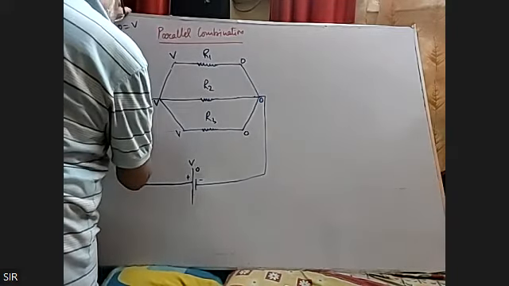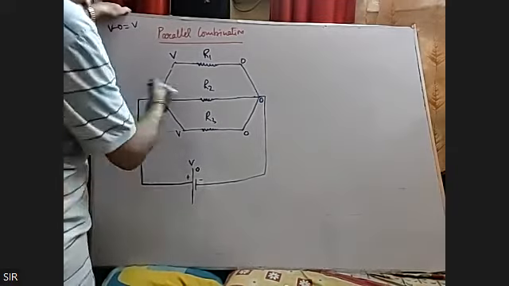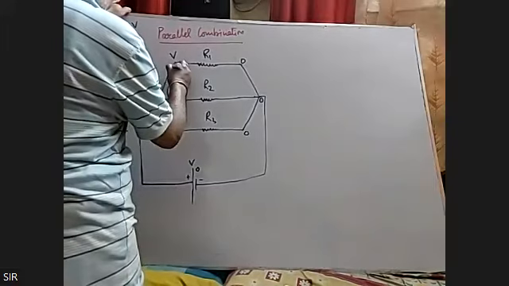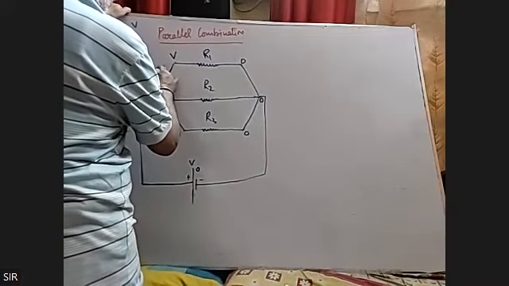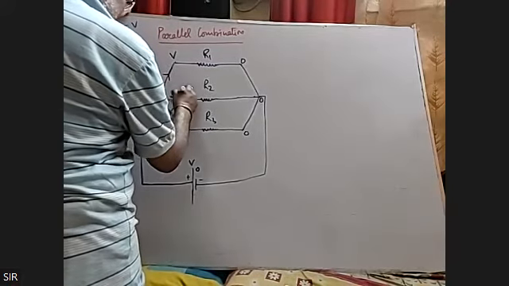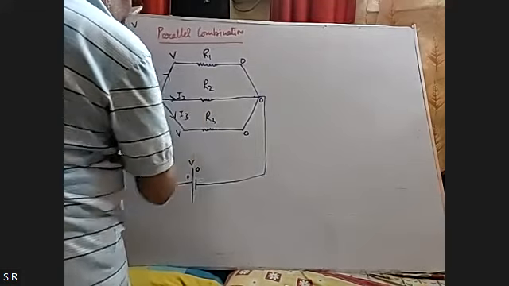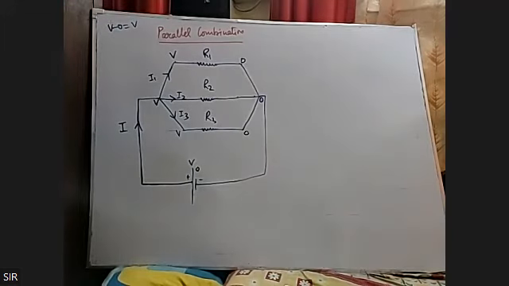Now the current I goes like this. Current I will flow or not? Yes, it is splitting into 3. This will become I1, this will become I2, this will become I3. Clear?